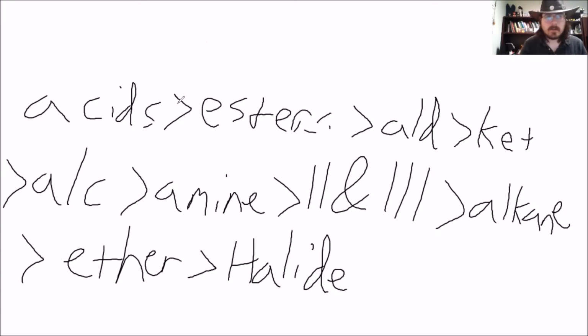So remember, acids and esters, we won't get to them for a bit. But if I have an alcohol and an aldehyde, I'm going to name this after the aldehyde more times than not. I'm going to number this so the aldehyde has the lowest number because it has the highest priority.